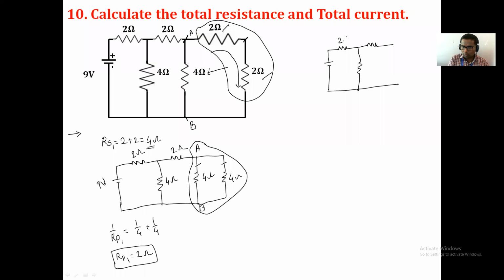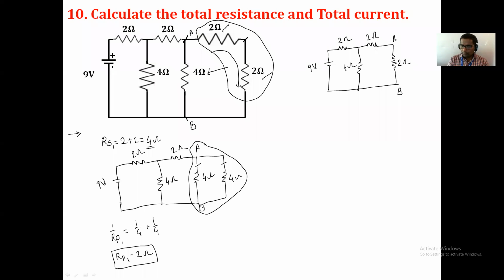This is 2 ohm, this is 2 ohm, this is 4 ohm, this is 9 volt, this is point A, this is point B, and I just remove these 2 4 ohm parallel branches from this point A and B, and now I put its resultant value, that is nothing but 2 ohm. Is it clear?